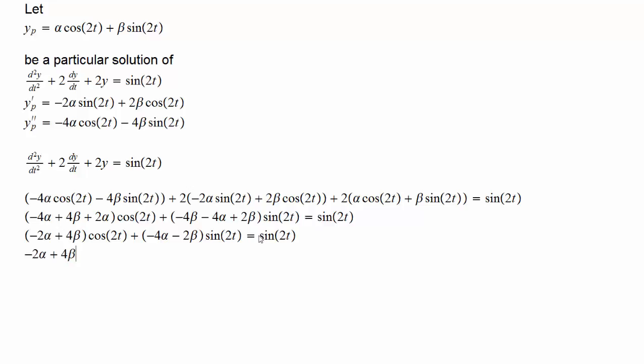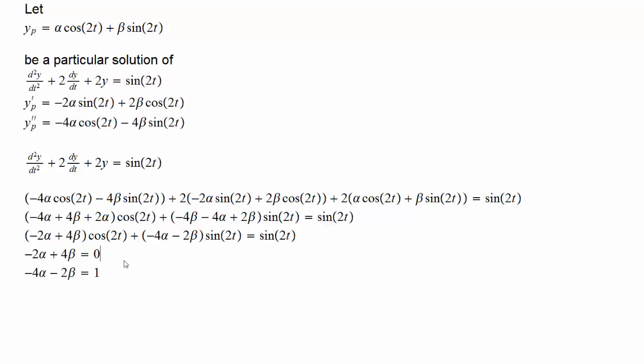There is no cosine 2t on the right side, which means that coefficient is 0, and for sine 2t the coefficient will be 1.